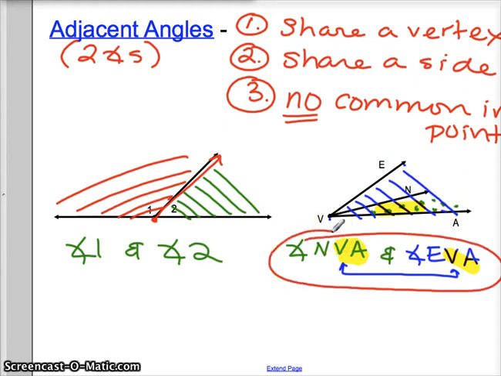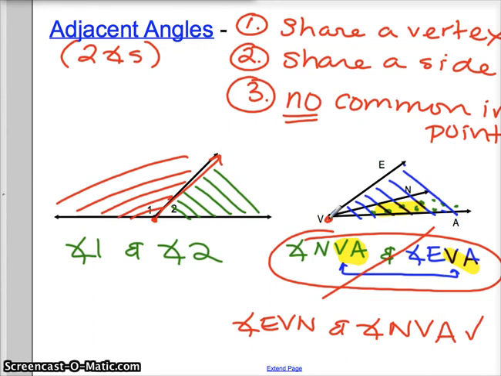Okay, so we're going to put a mark down here, and you should make a note as to why they are not adjacent. Angles that are adjacent, we can say EVN, and angles NVA. These 2 angles are adjacent because they share the vertex, they share the side, and they have no overlapping space.